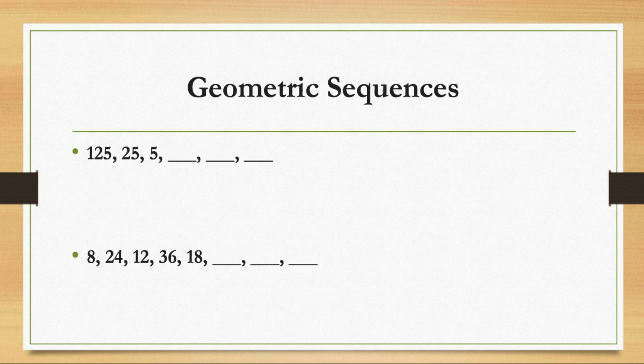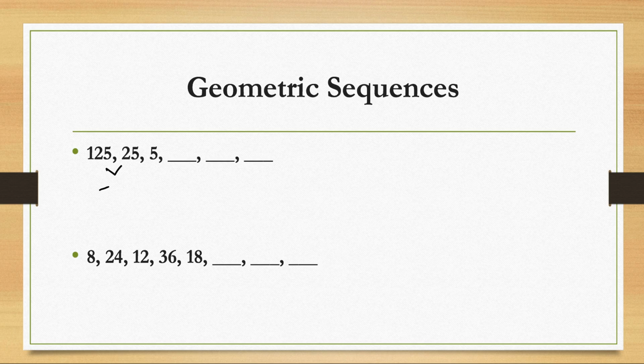Okay, now let's do a couple of other examples. Now, we've got the same sort of thing happening on this one. We're starting at 125 and we're going down. So we know that we're either dividing or we're going to be multiplying by a fraction. All right, so how do we do 125 and we get to 25?